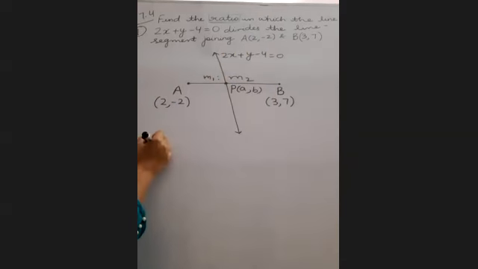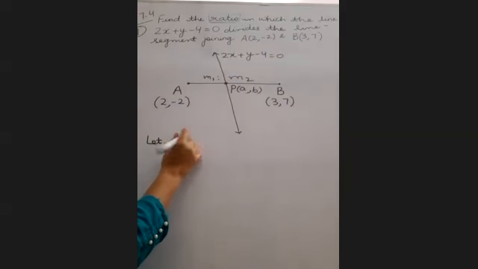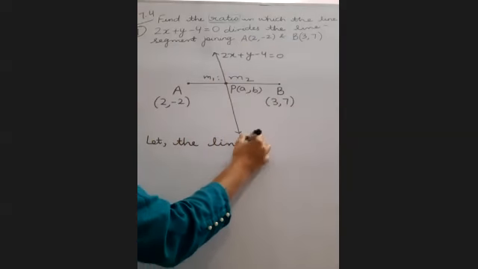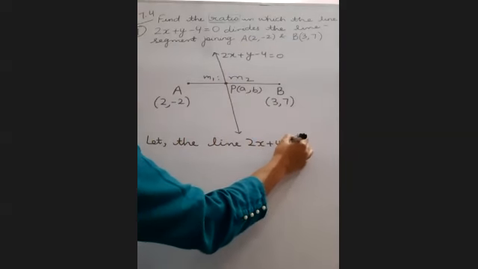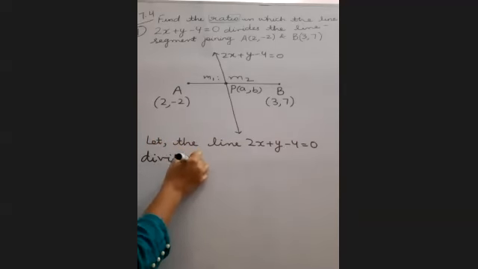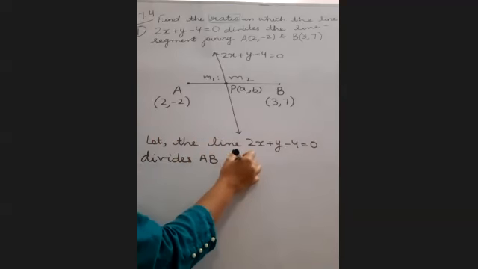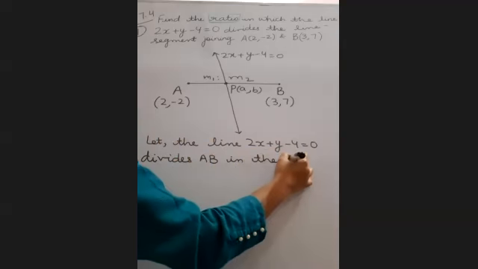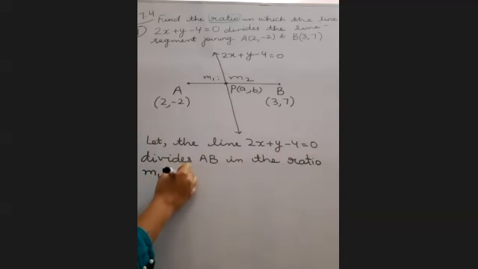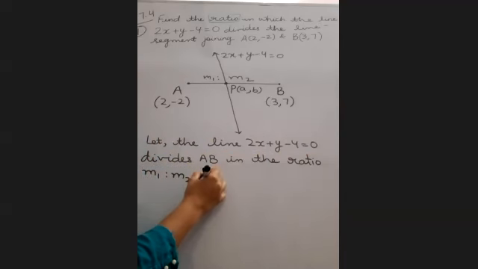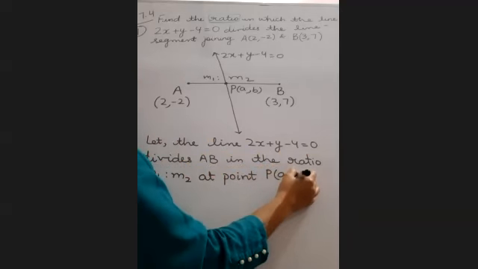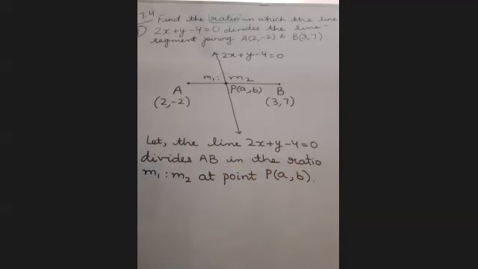So let the line 2x + y - 4 = 0 divide AB in the ratio m1 is to m2 at point P(a, b).